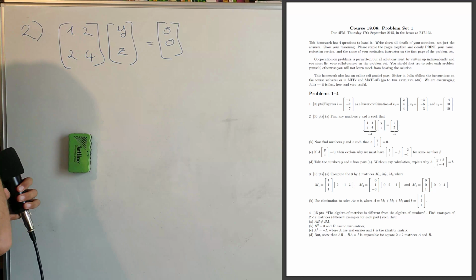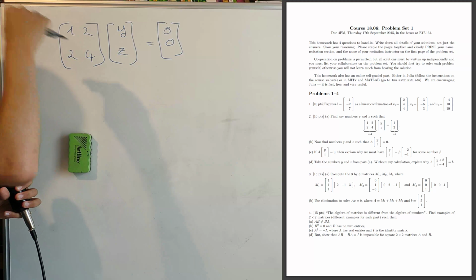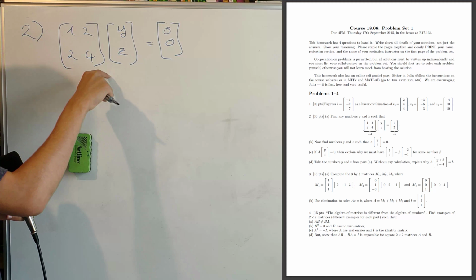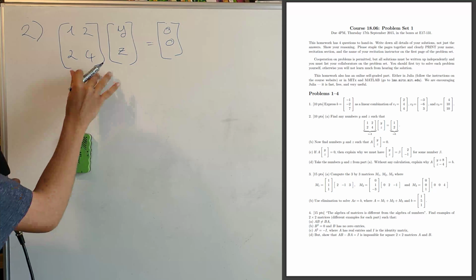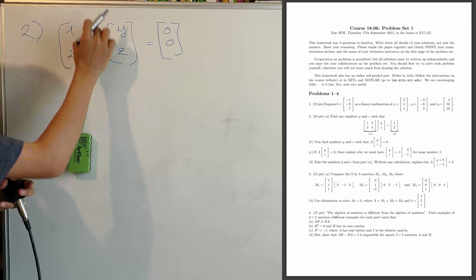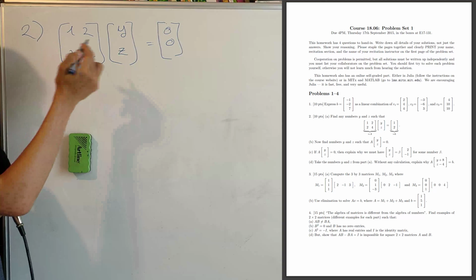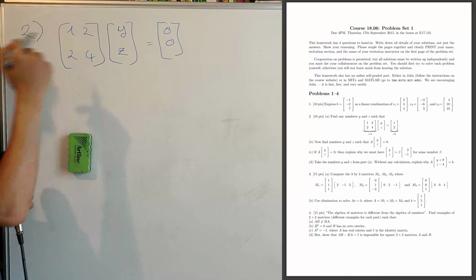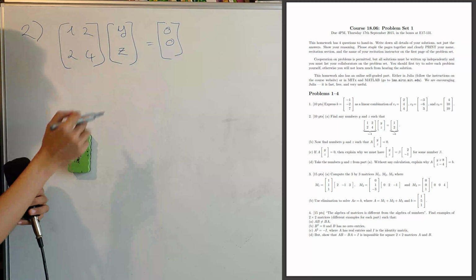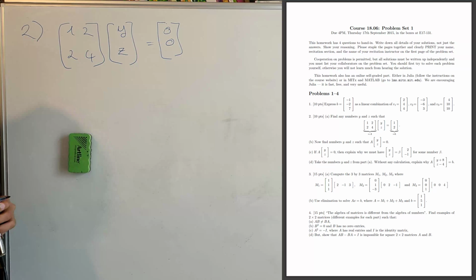Then you see that this matrix is not invertible, because the second column is a combination of the first column, so it's 2 times the first column. So we know z is 2 times y. So what we could do, actually no, I've said something wrong.